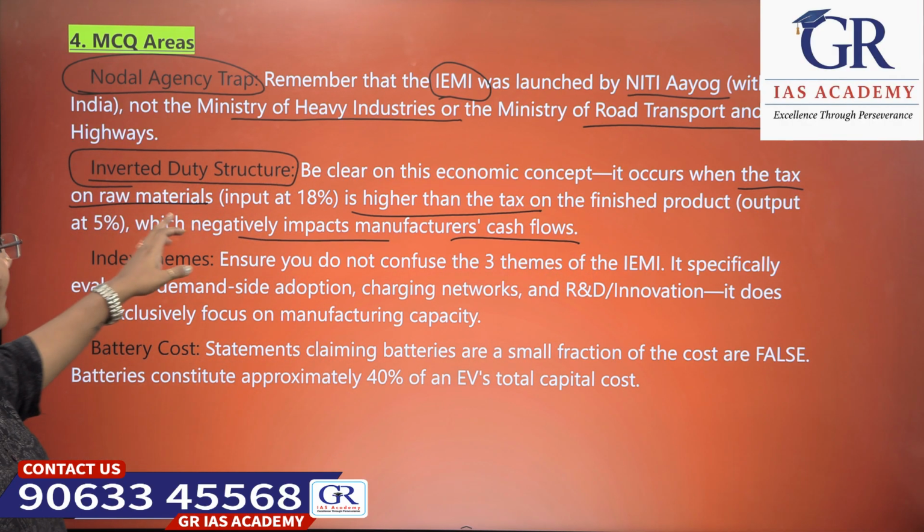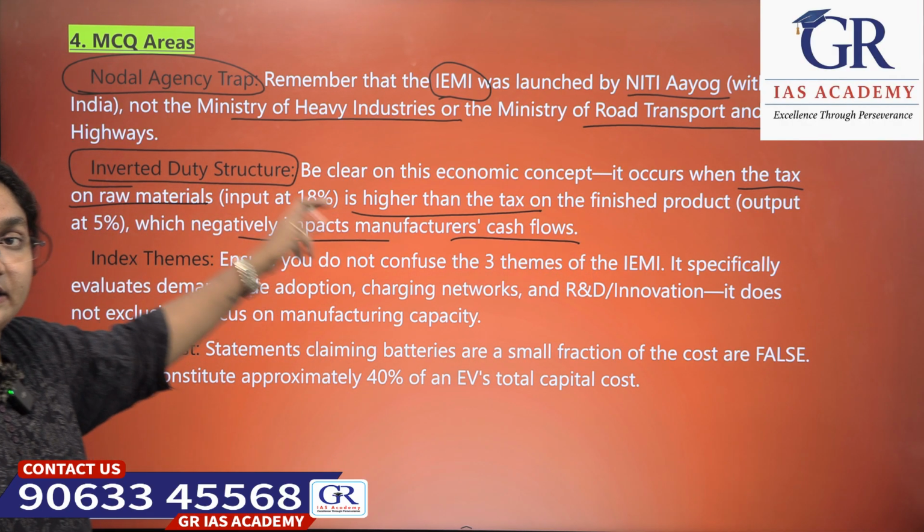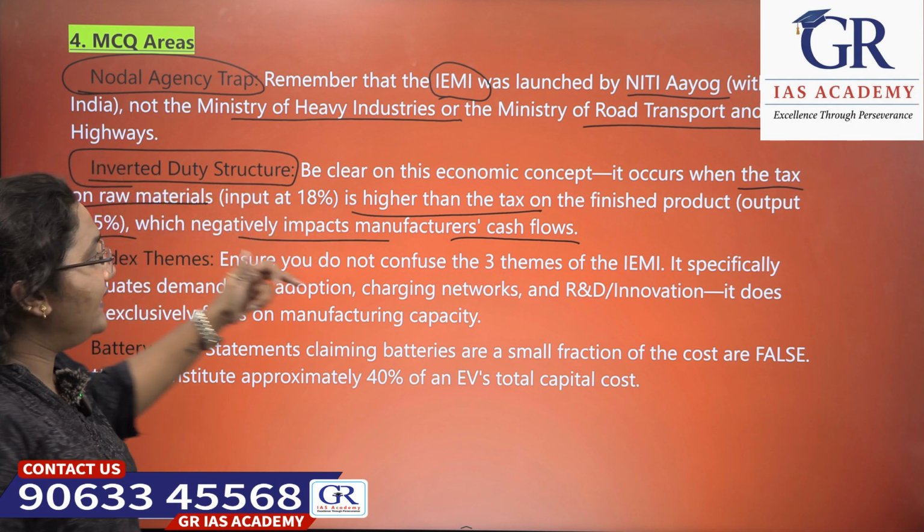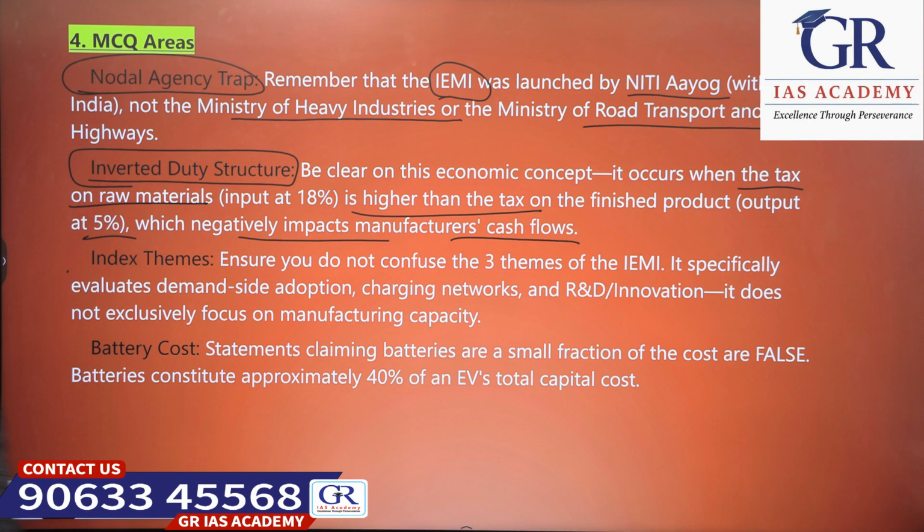Meaning, when the input is taxed at 18%, and the output is taxed at only 5%, tax is held up. So be clear on this inverted duty structure.